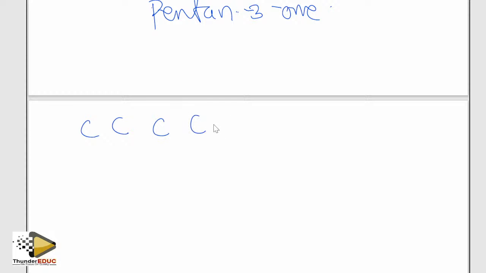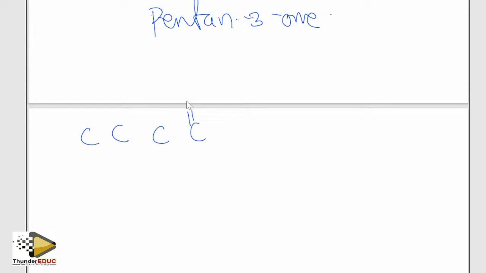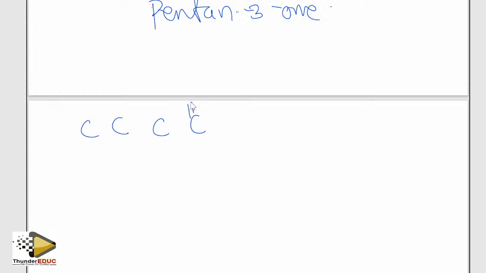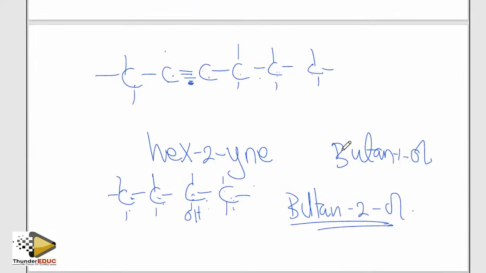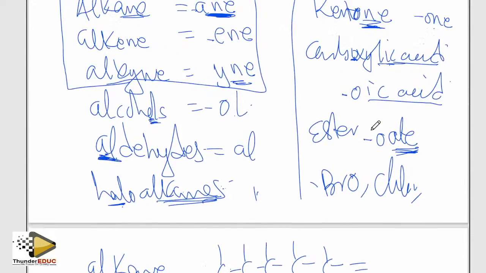For example, I have oxygen there, and then I have another oxygen there, and then I have the hydrogens throughout. So now I'm going to say 1, 2, 3, 4. So 4 is going to be butan.